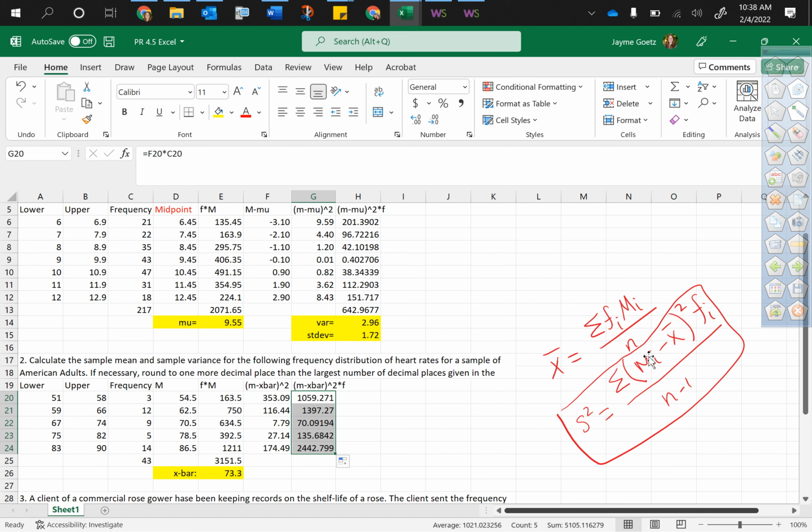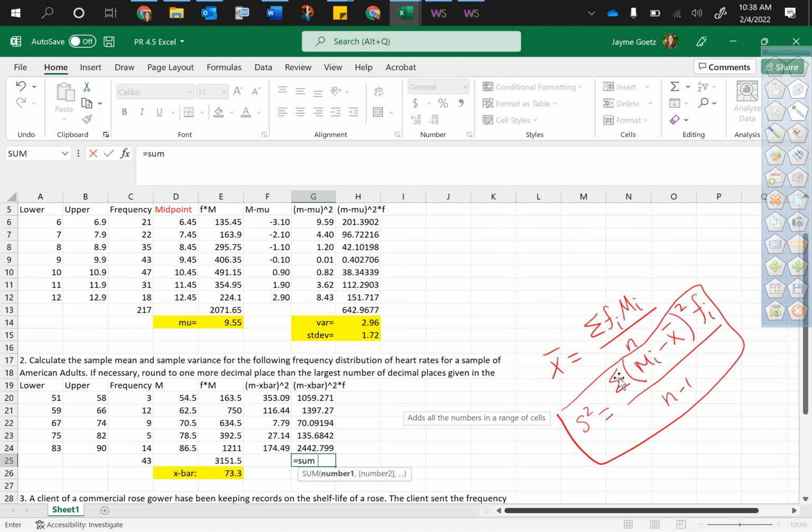We just found the midpoint minus my mean squared times the frequency. What do I have to do with all those? Find the sum. Just the sum. And then we divide it by my sample size minus 1.